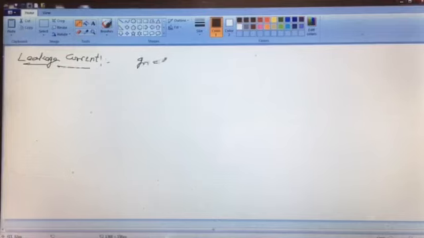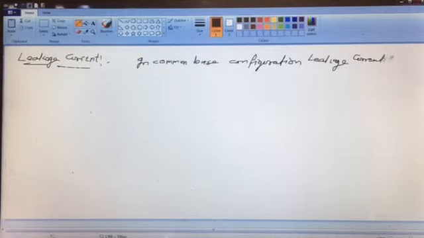In common base configuration, the leakage current is very small. Maybe its order will be of milliampere or microampere.